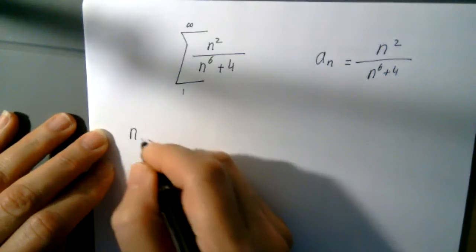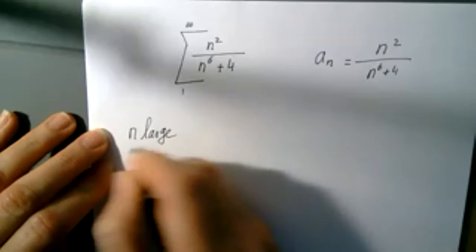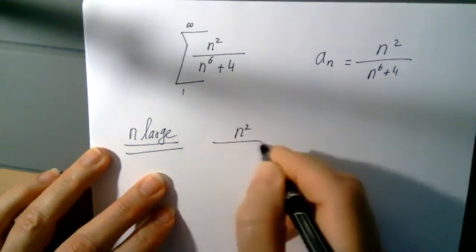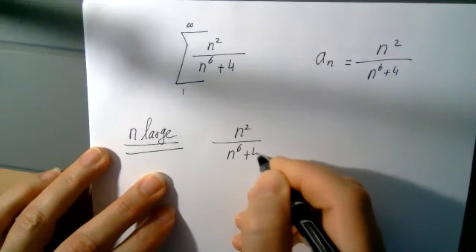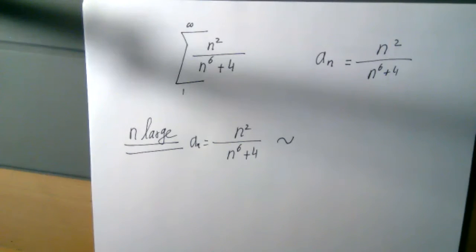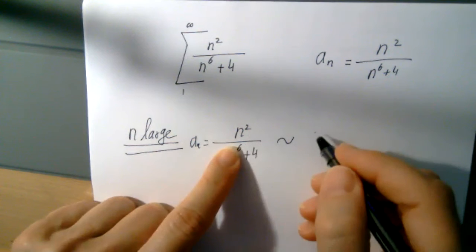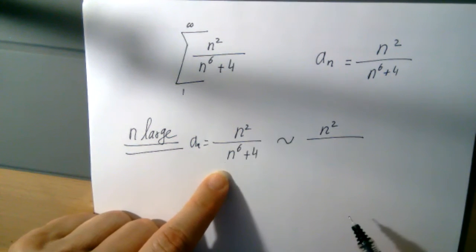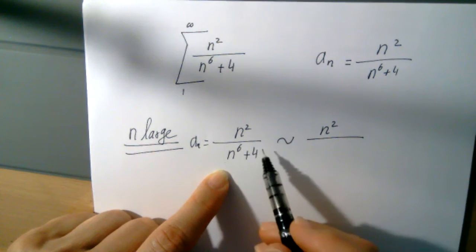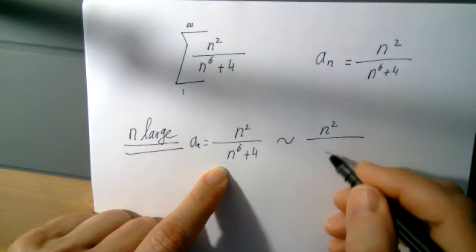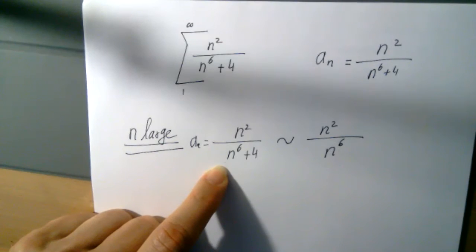I said, okay, when n is very large, and that's crucial, an, so this is my an, is actually almost equal to what? Let us analyze it. If n is large, n squared is n squared. What about n to the 6 plus 4? If n is very large, n to the 6 plus 4 is almost n to the 6.